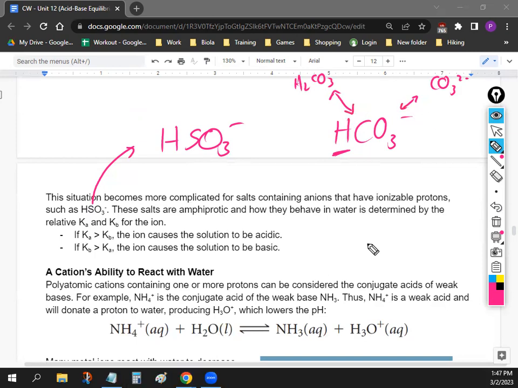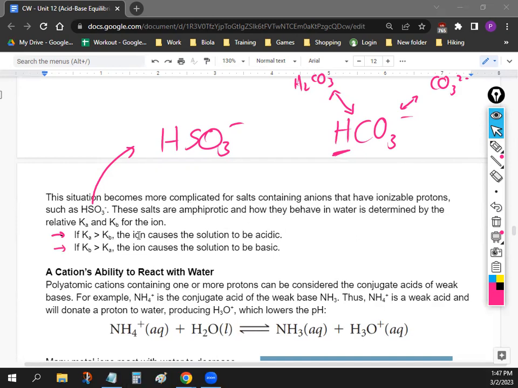So for these kinds of polyprotic ones, you're going to want to remember this rule. If the Ka is greater than the Kb, the ion causes the solution to be acidic, and the reverse as well: if Kb is greater than Ka, the ion causes the solution to be basic. Is one stronger as an acid or as a base?